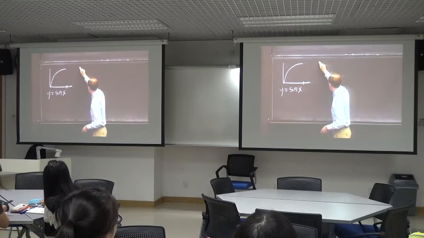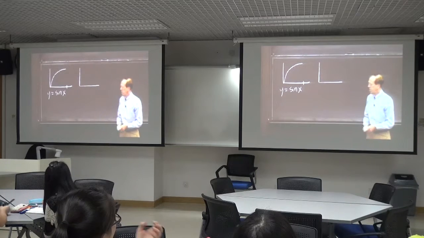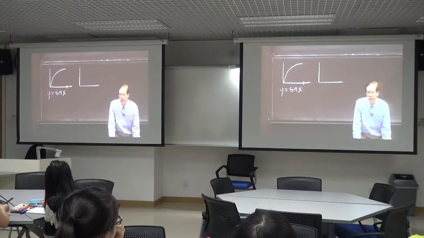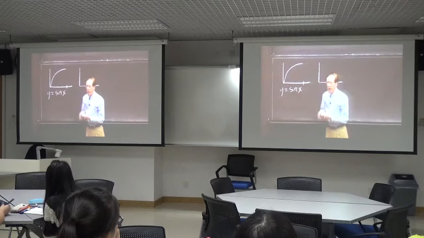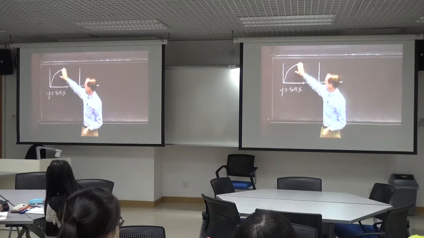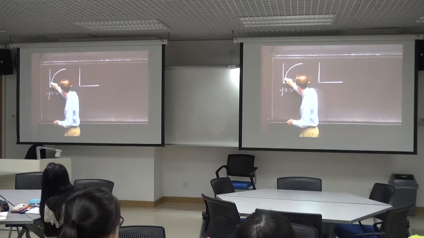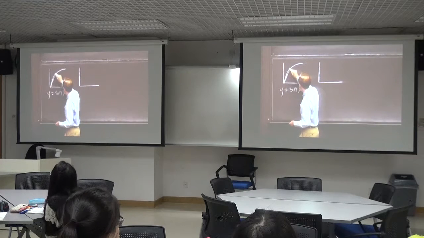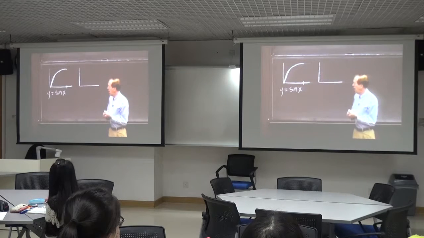Okay, what do you think about its slope? We know the derivative of sine x, but before we write it down, look at the graph. The slope is positive, right? But the slope starts out at 1. Better make it look a little more realistic. That's a slope of 1 there.